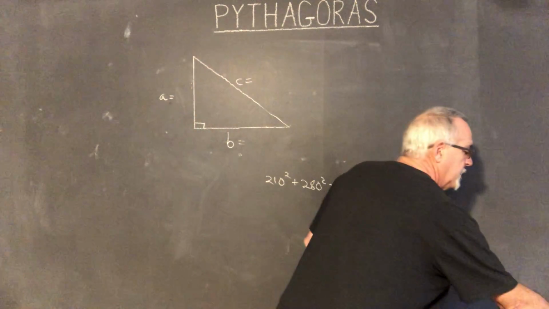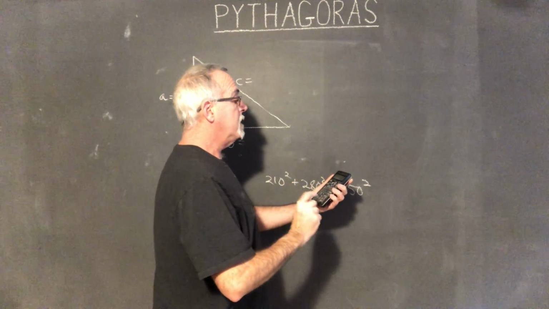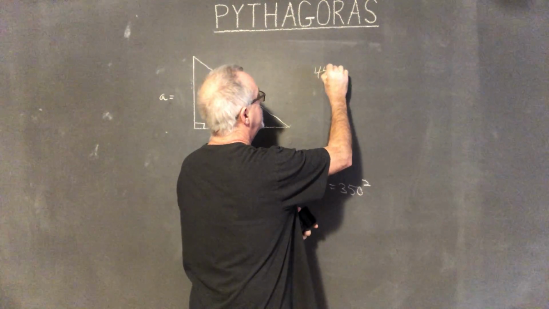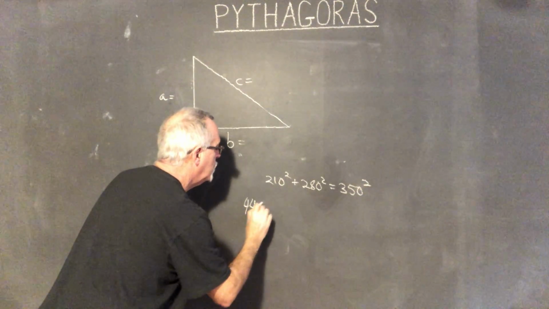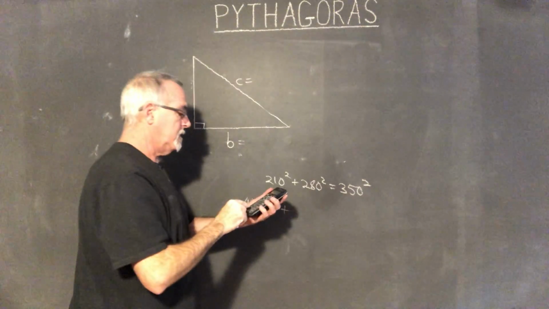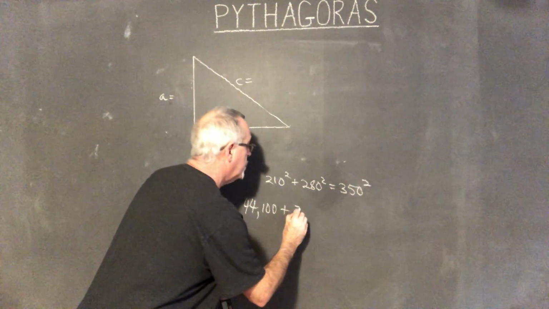Okay, 210 squared, 210 times 210, 44,100. I guess I should put it here. 44,100 plus 280 squared, 280 times 280, equals 78,400.